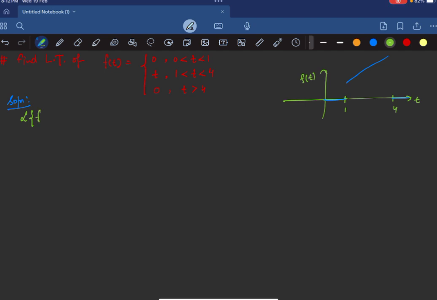See, the Laplace transform of f(t) is given by the integral from 0 to infinity of e^(-st) f(t) dt.